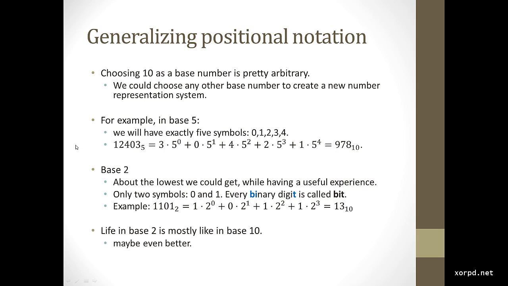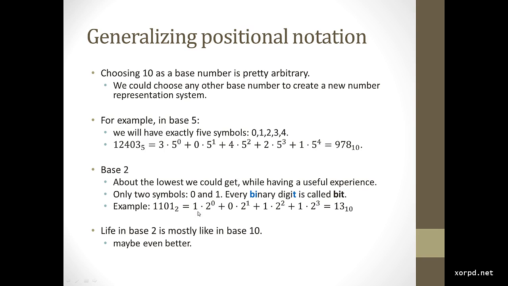Base 2 is about the lowest that we can get while still having a useful experience. In base 2 we only have 2 symbols, 0 and 1. Every binary digit, or every digit in this base, is called a bit. As an example, we can look at this number, 1101, in base 2.